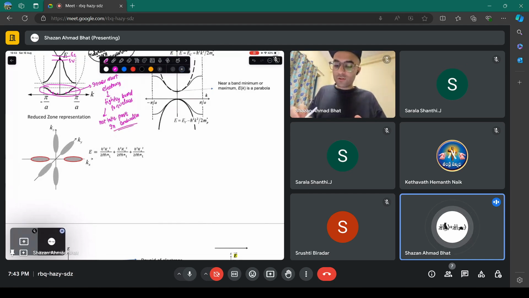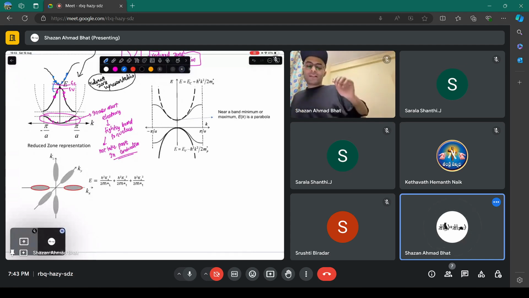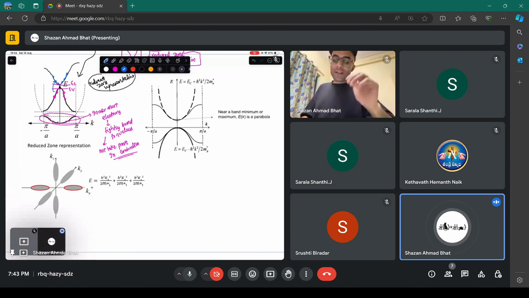So the electrons of our interest are located in these particular bands. And when you excite these electrons, they go to this band and they play a part in conduction. That means they accept the energy and go to the conduction band. How do you excite these electrons?